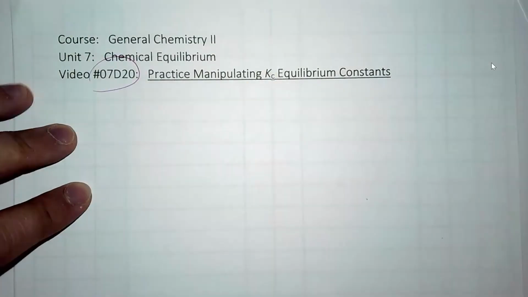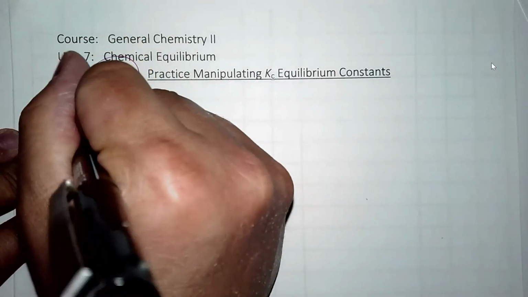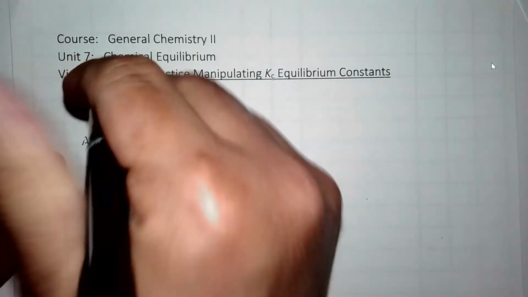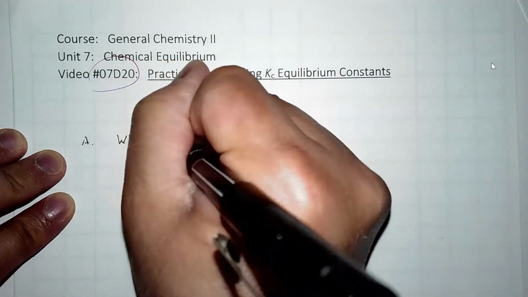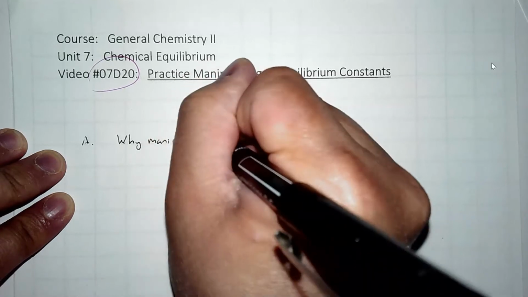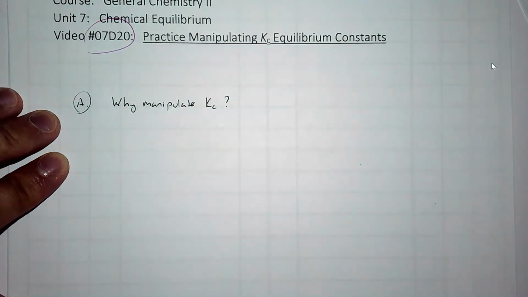Why do we need to manipulate Kc is topic A. Kc being the equilibrium constant. The answer is to do Hess's Law problems.